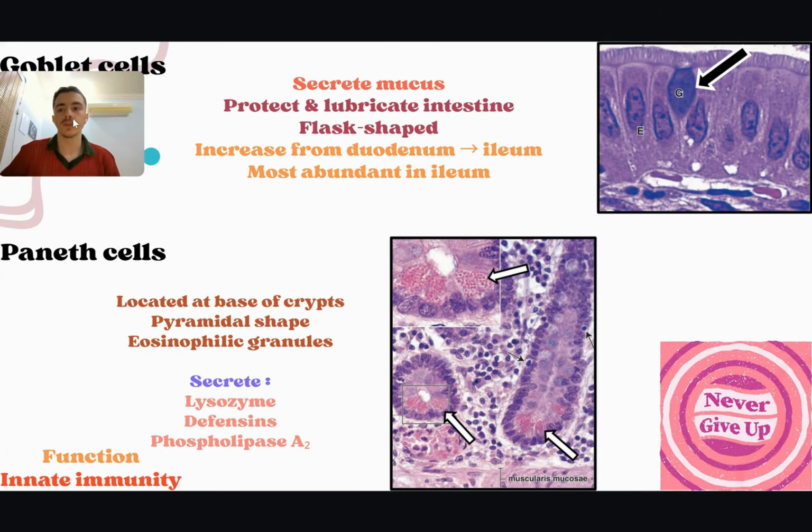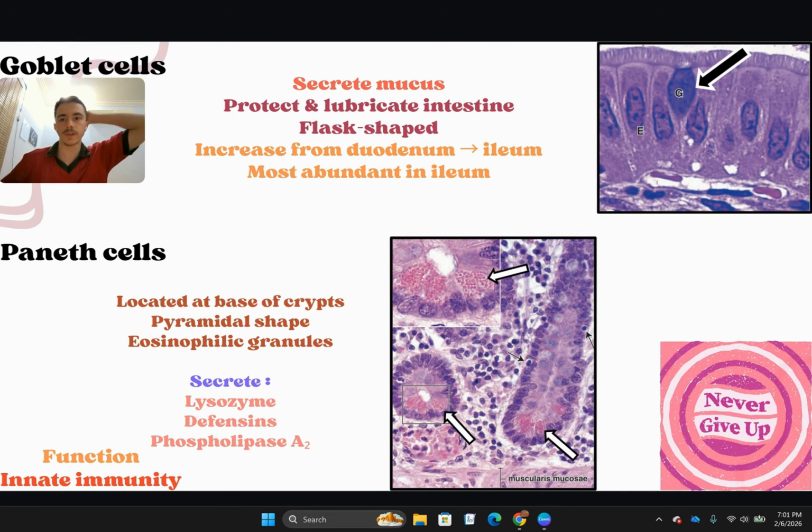For the goblet cells, as we took in the foundation, the goblet cells are for mucus, right? They secrete mucus, protect and lubricate the intestine, and they are flask shaped. They increase from the duodenum to the ileum. As you go through the small intestine, it increases more and more.